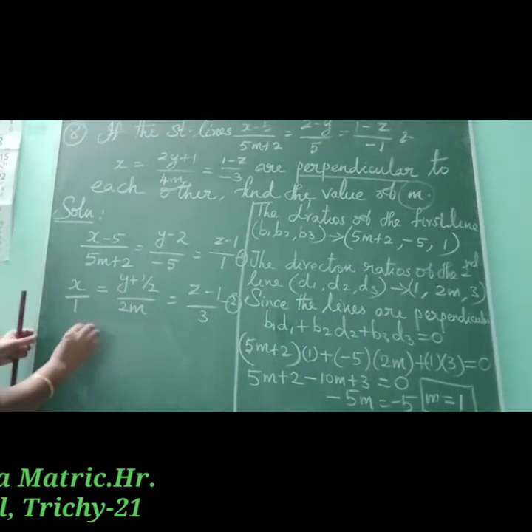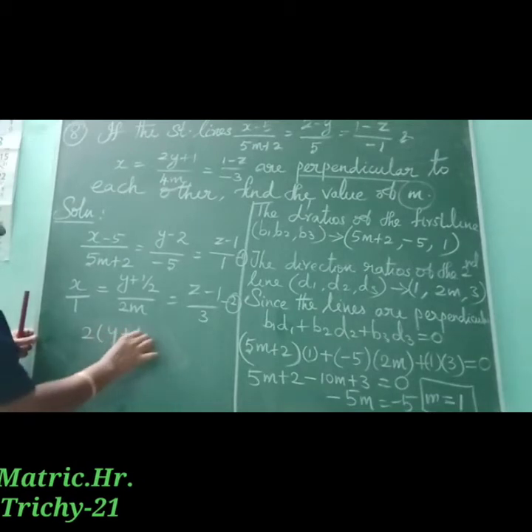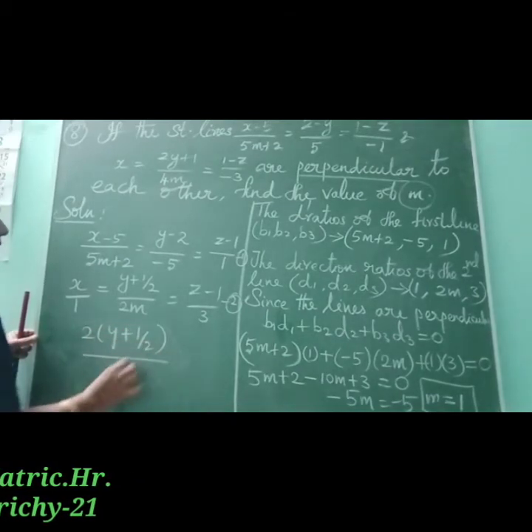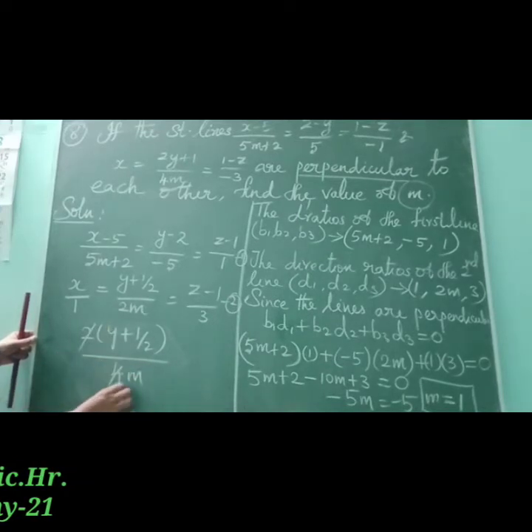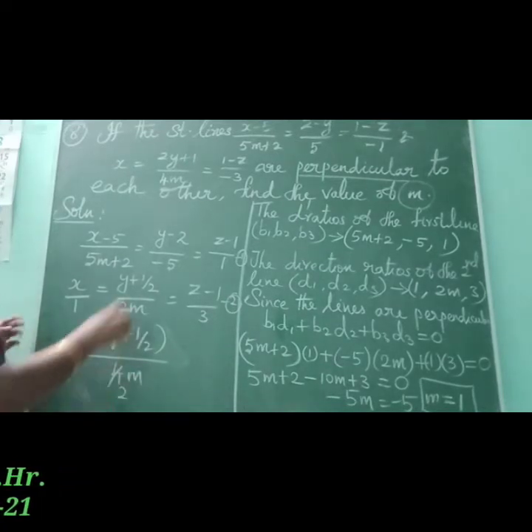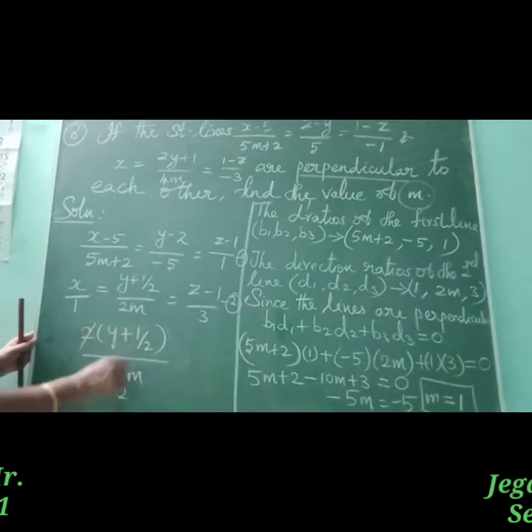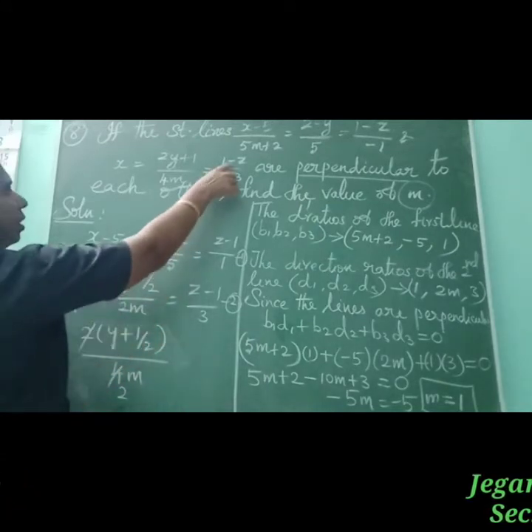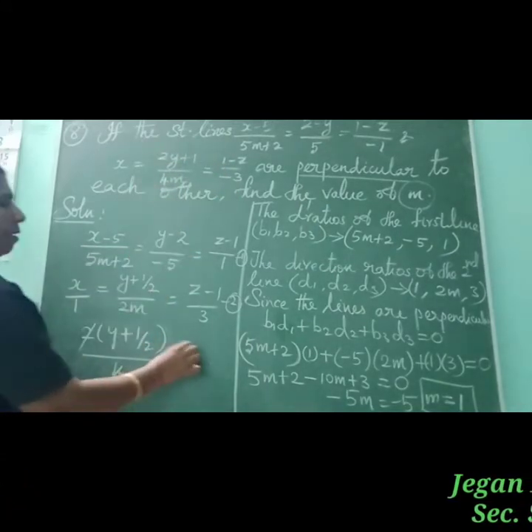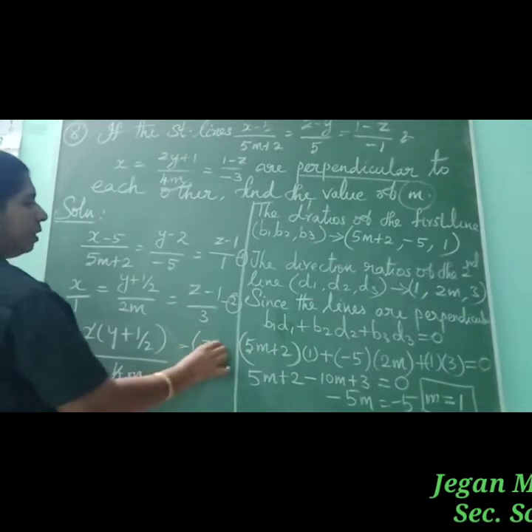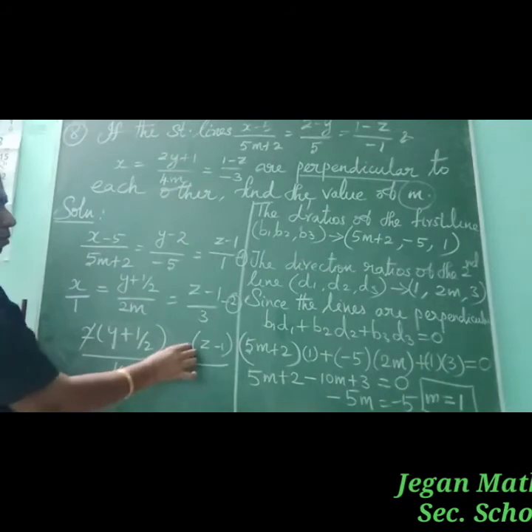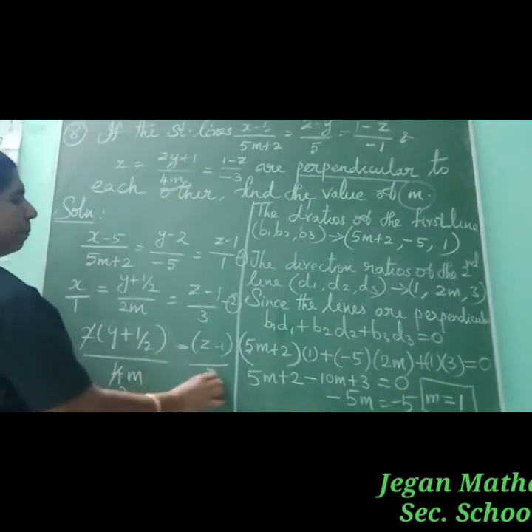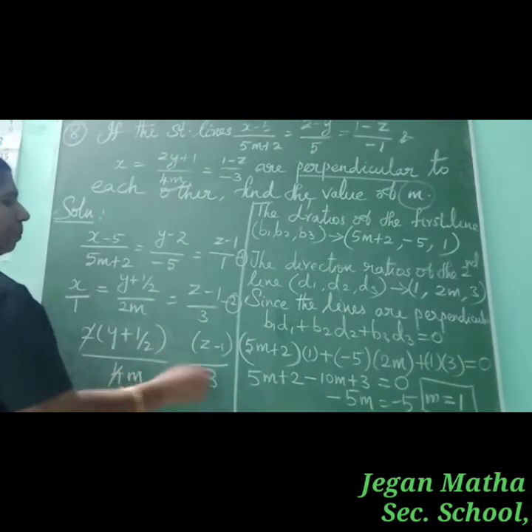When cancelling, we get (y plus 1 by 2) divided by 2m, which is equal to, here also we take one minus sign outside, minus of (z minus 1) divided by minus 3. One more minus: minus and minus will become plus, so the denominator will be plus 3.